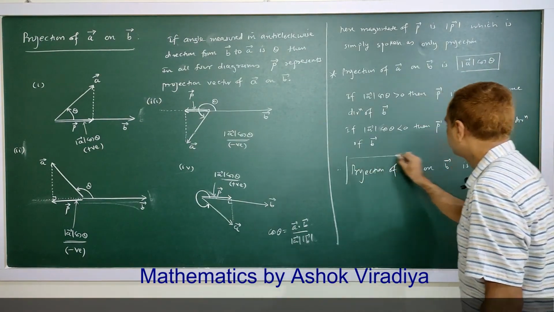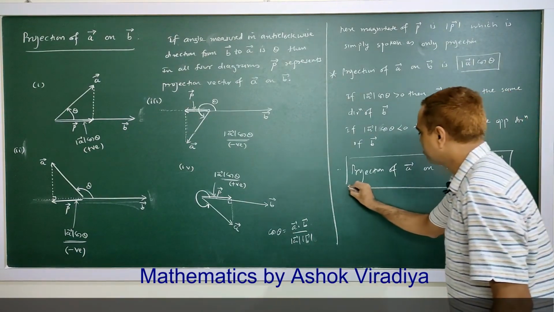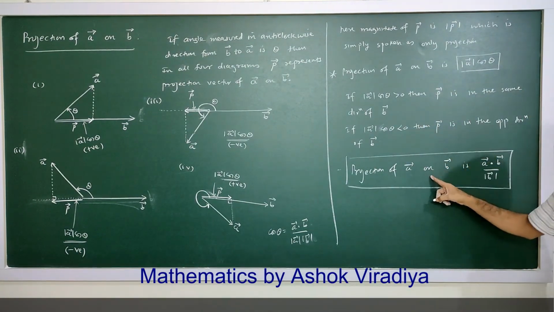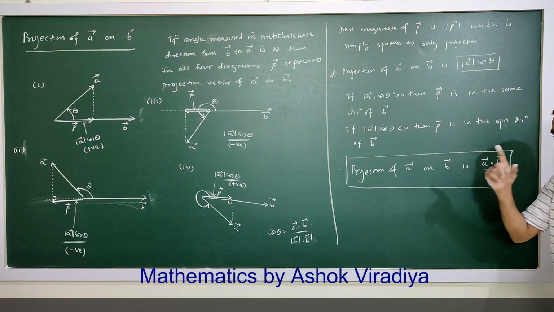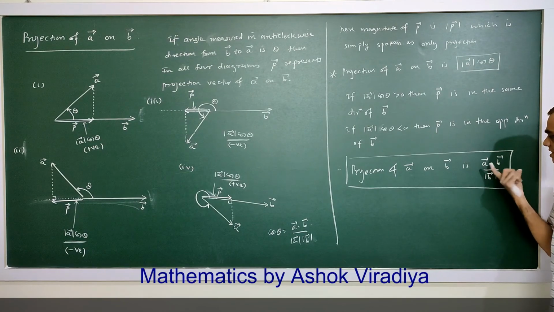So using this formula, we can find the projection of any vector on another vector. And see here, the word projection is used in the sense of magnitude. This number represents magnitude and direction.